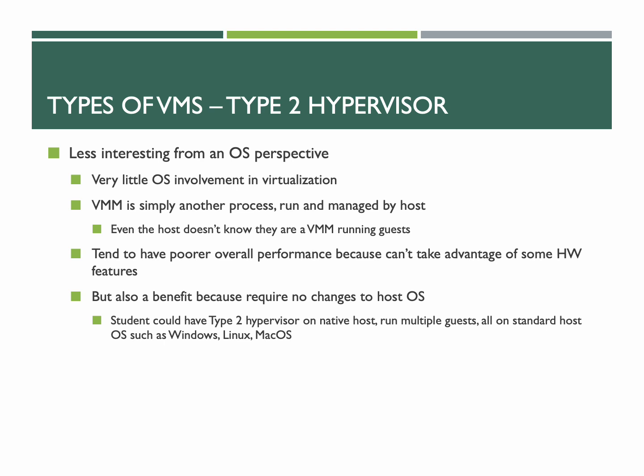So since type 2 hypervisors do not require changes to the host OS, they can be installed and used much like any other application. So, this is beneficial for users who need a simple setup to run multiple operating systems, such as students or developers who might need to operate Windows, Linux, and Mac OS on the same physical machine.